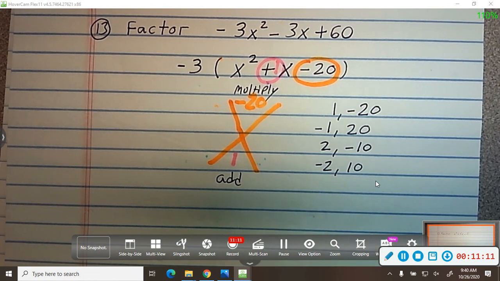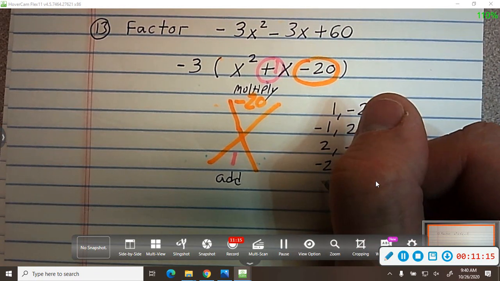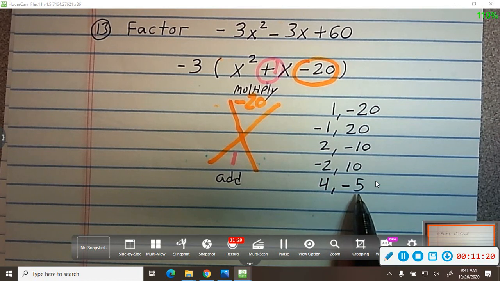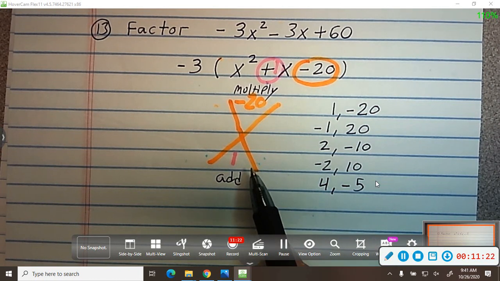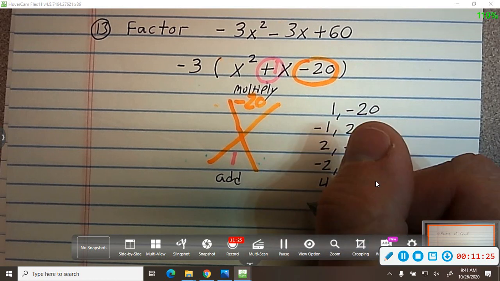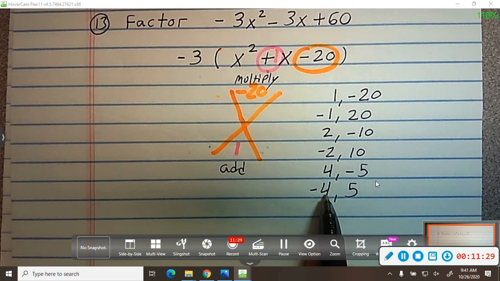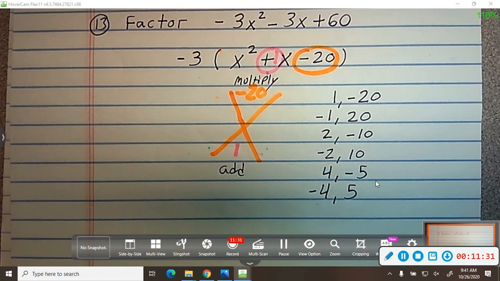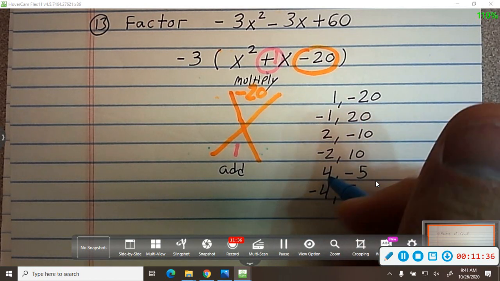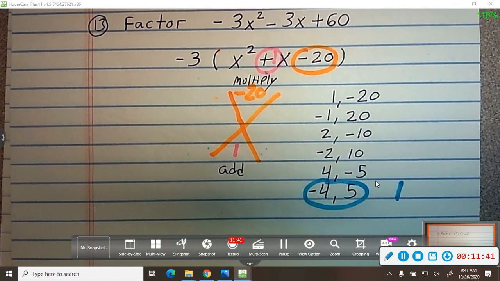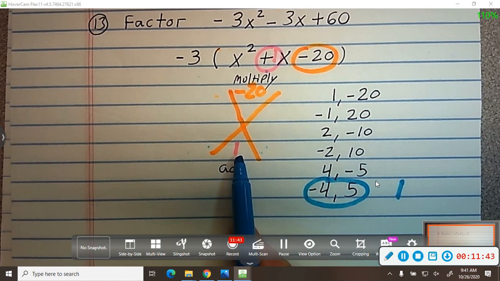Okay, we're getting close. 3 does not go into 20. 4, I could do 4 times negative 5. 4 plus negative 5 is negative 1. I'm getting close. And then I could do negative 4 times positive 5. And there we go. Negative 4 times positive 5 is what we're looking for. This adds up to 1, which is what we want. The rest didn't work.